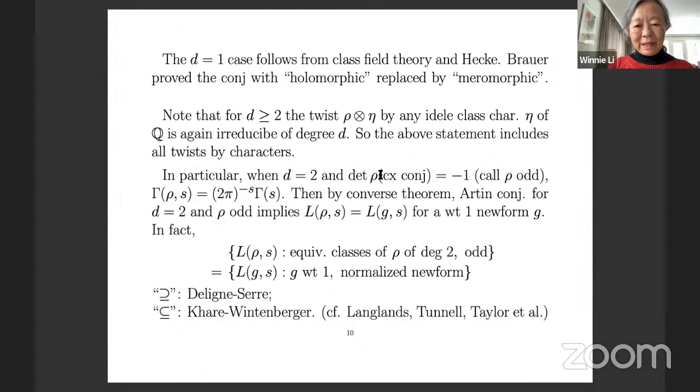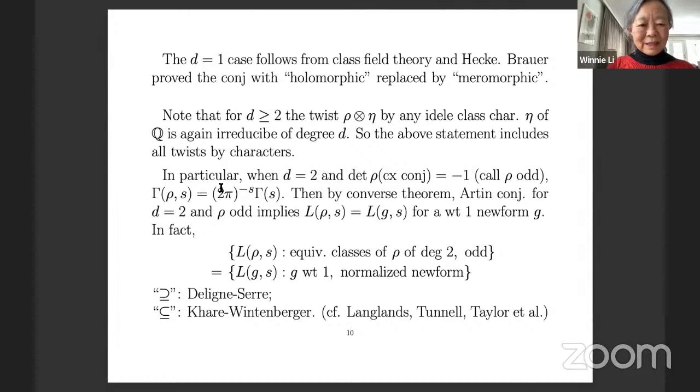We take the complex conjugation in the Galois group, which has order 2. Look at the determinant of rho at complex conjugation. Then the determinant is 1 or minus 1. When it's minus 1, we say that the representation is odd.